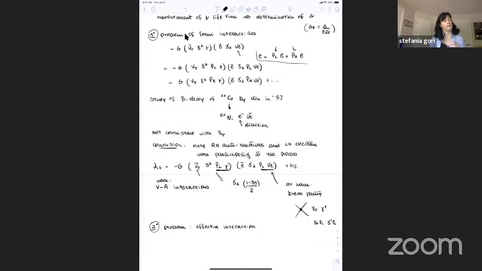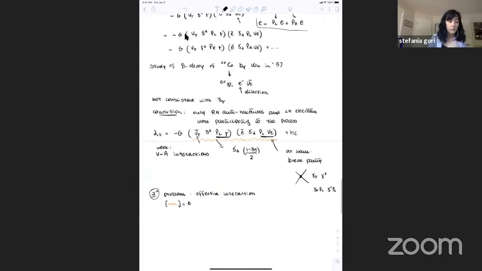So if you look at just the operator that I wrote down, this operator has dimension equal to 6. That's why we said that the coupling constant G had dimension -2. So this is a non-renormalizable operator, and actually is very badly behaved in the UV for certain processes.